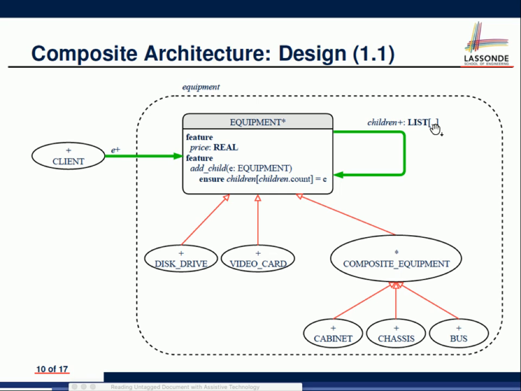Your colleague actually just found that according to the design over here, every equipment, or every descending class of equipment, has a children feature of type list of equipments. This will be appropriate for composite equipments because cabinet, chassis, and bus should have children.